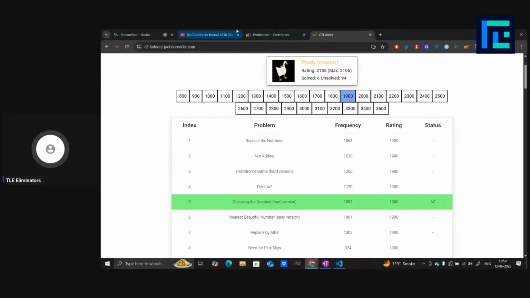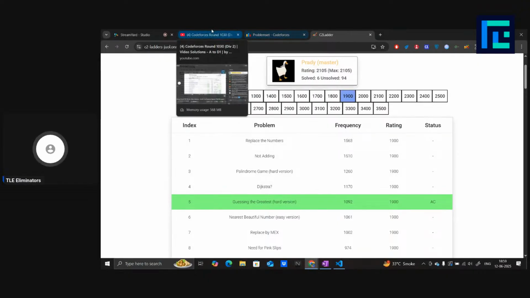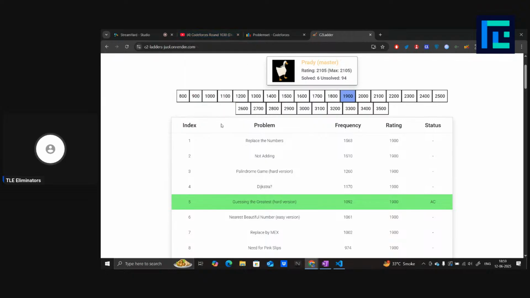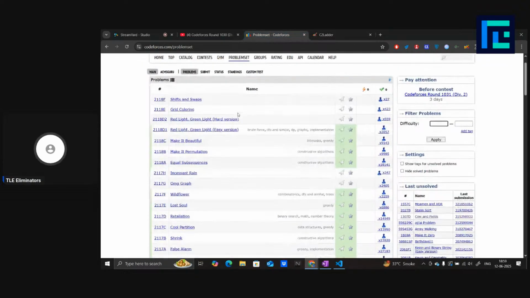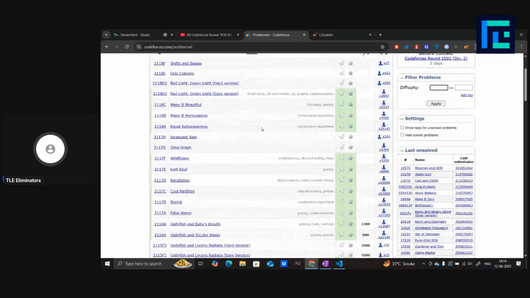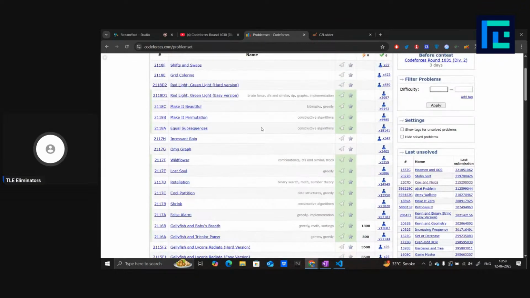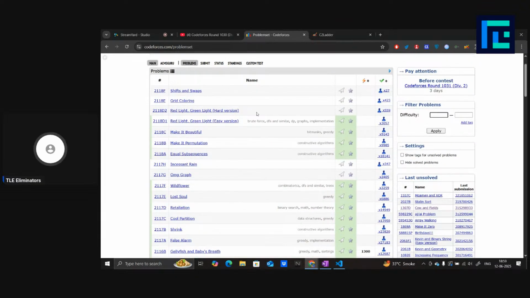But my point is that as long as you are being stimulated by the problems, as long as the problems are not too easy for you and not too hard for you, as long as you are solving the right rating, it doesn't matter whether you solve it from C2 ladder or from the problem set rating by rating. So you can solve from anywhere, whatever you like.